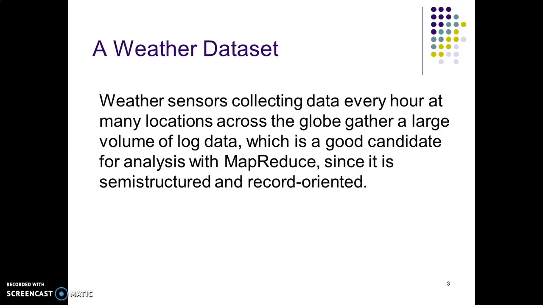The sensors use messages, and the messages are stored in a file that is completely semi-structured, so they don't have any structured information. How to work with this semi-structured information, we'll see with respect to MapReduce functions.